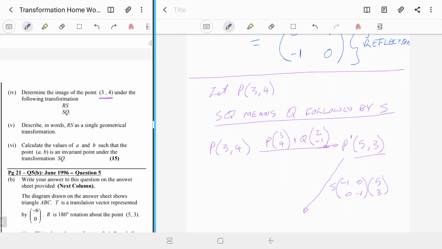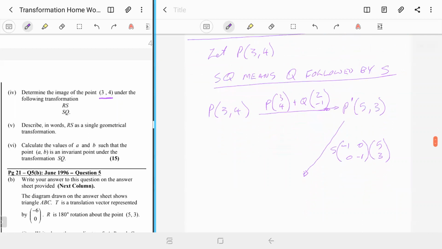Remember, for the calculation the point is actually written like this, but you use a column vector for the calculation. When you write the point, you write it like that, but for the calculation, you put it as a column vector.